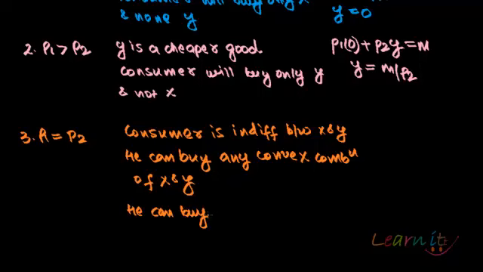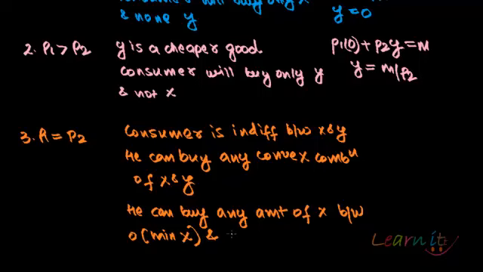So actually what he can do is buy any amount of X between 0, which is the minimum X, and M by P1 of X, which is the maximum X. So the demand curve for X is 0 to M by P1.